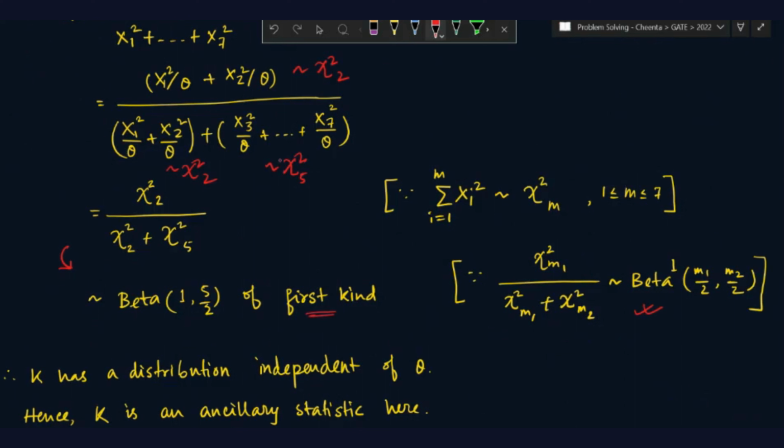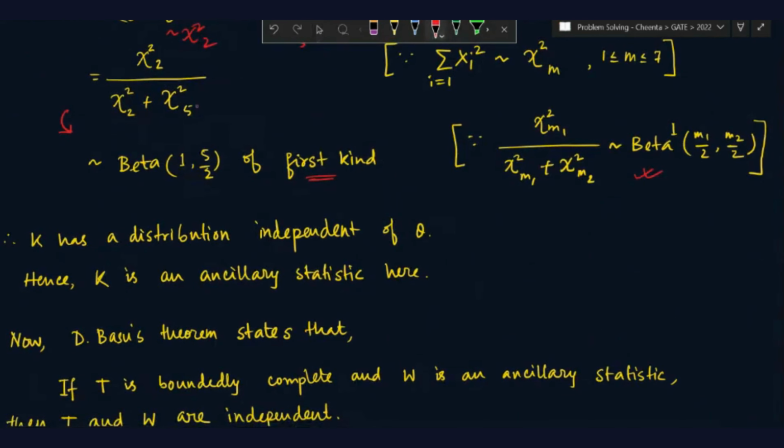Now observe that summation Xi square follows chi square m, since all the variables Xi are independent and identical, for any m between 1 to 7. So now K has a distribution of beta 1, 5 by 2 of first kind, which is independent of theta. Hence we can say K is an ancillary statistic here.